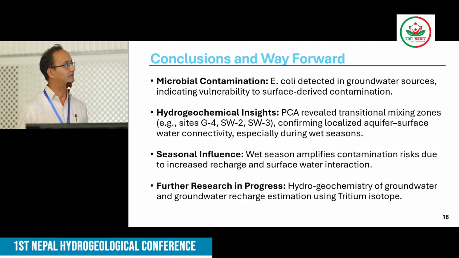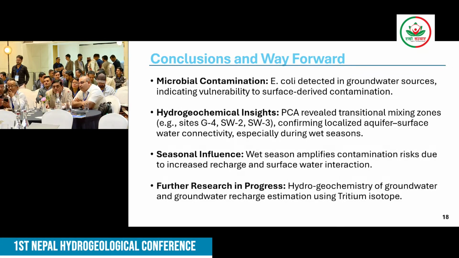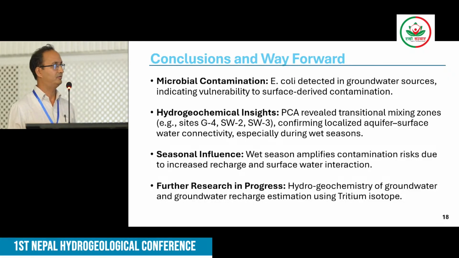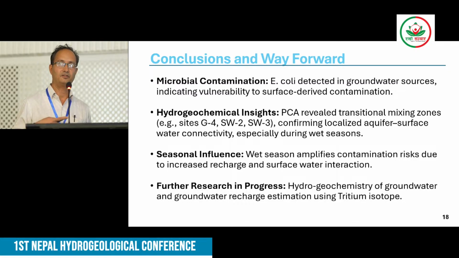As a way forward, this study was part of our assignment, and we would like to supplement it after this. For example, we didn't have data for the ions to make a detailed study of the hydrogeochemistry. So in our next study, we have the hydrogeochemistry of the groundwater and also the estimation of the recharge.